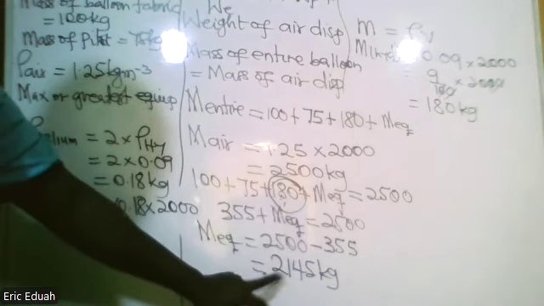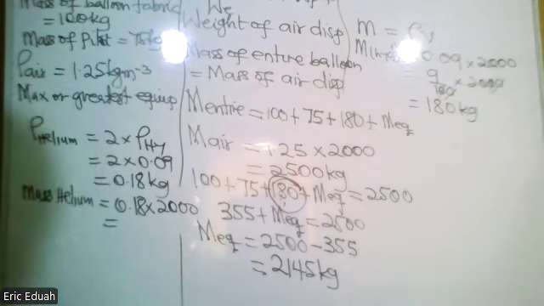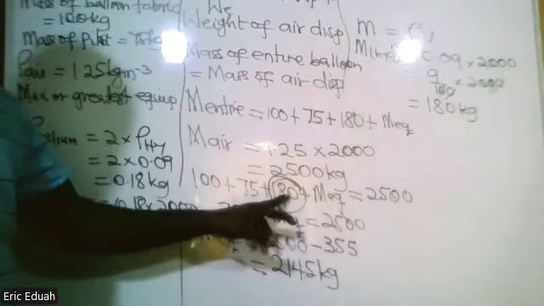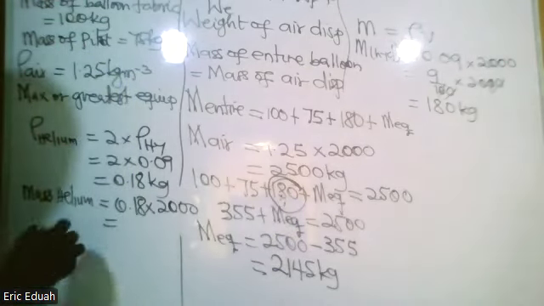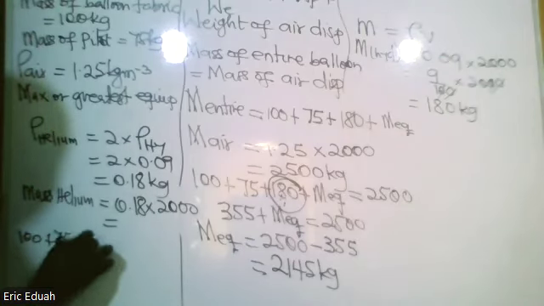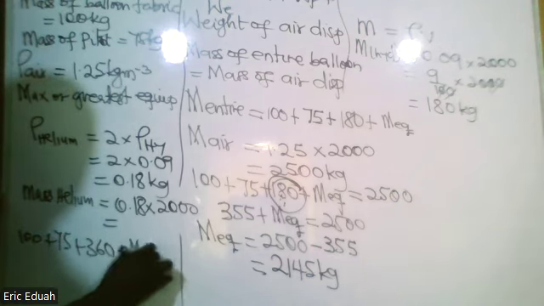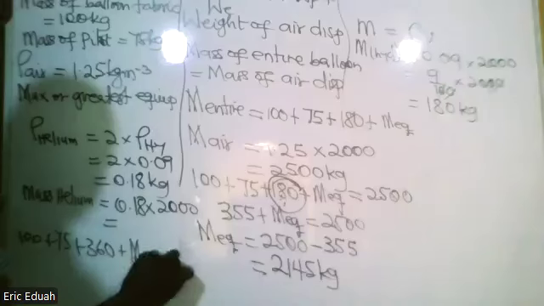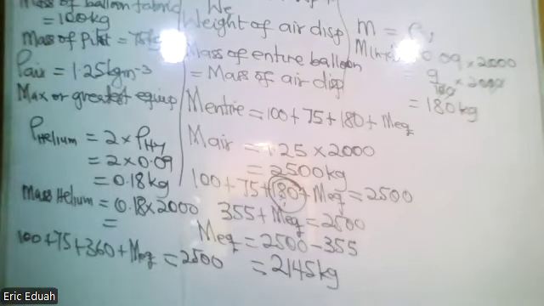Thereby, the maximum load must reduce because the new gas has a density or mass twice as this. So 100 plus 75 plus 360 plus the maximum load or maximum mass must be equal to 2,500.